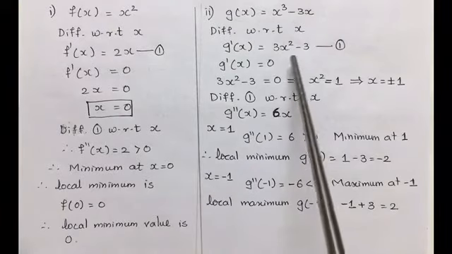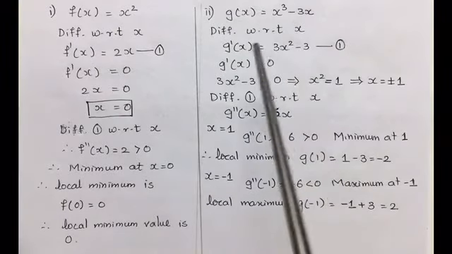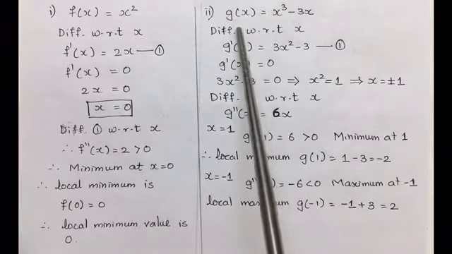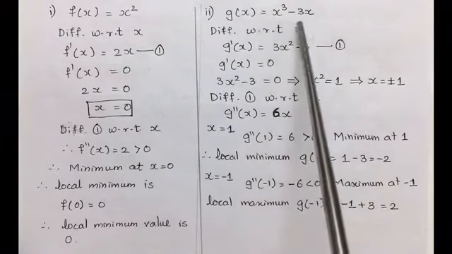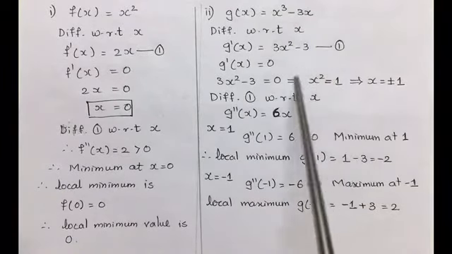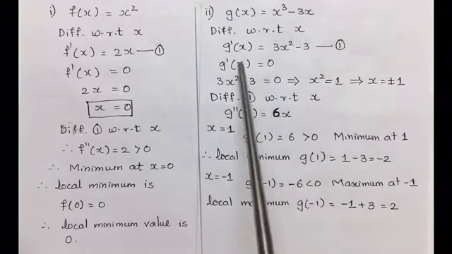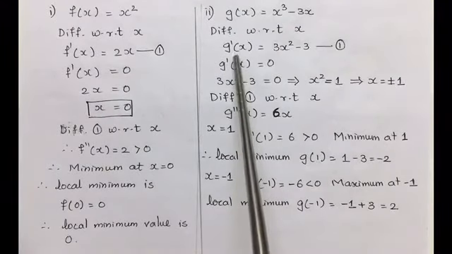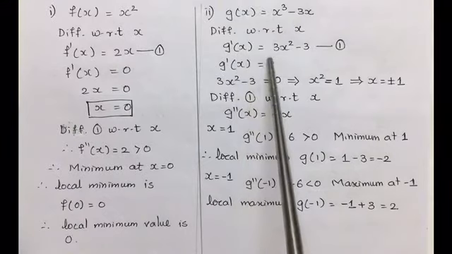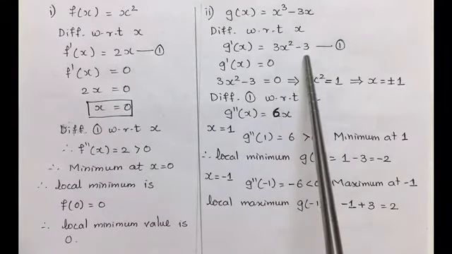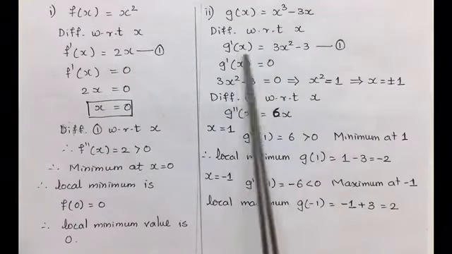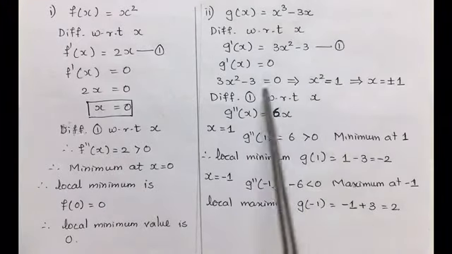Now the second part of question number 3 is g of x is equal to x cube minus 3x. Calculating the first derivative, we get g dash x is equal to 3x square minus 3. We mark this statement as 1.